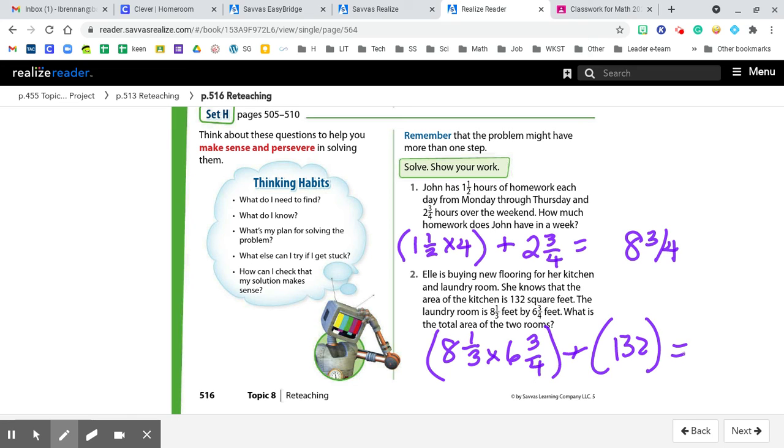So 8 1/3 times 6 3/4, that'll be 25 thirds times 27/4 plus 132. And 25 thirds plus, sorry guys.